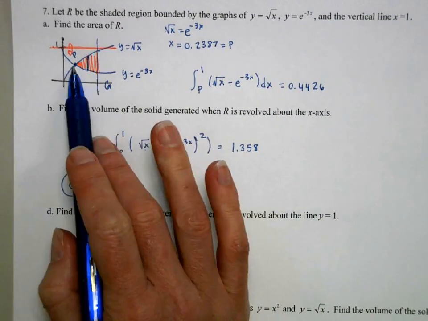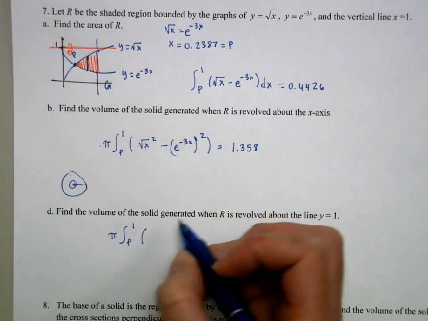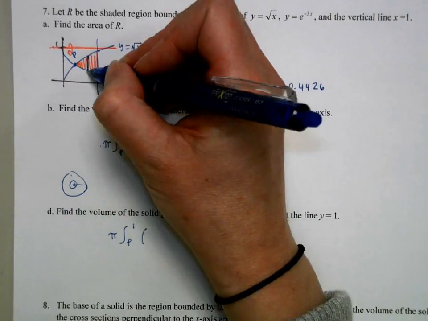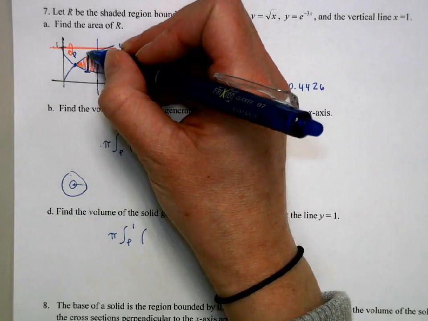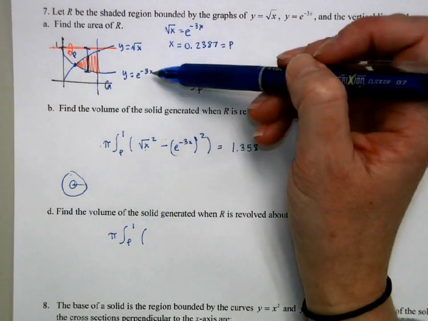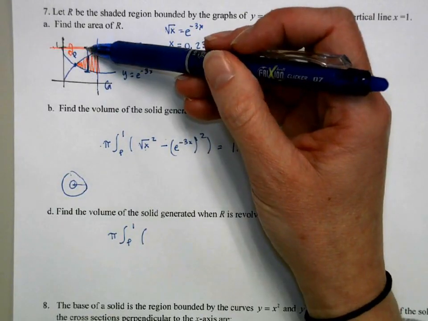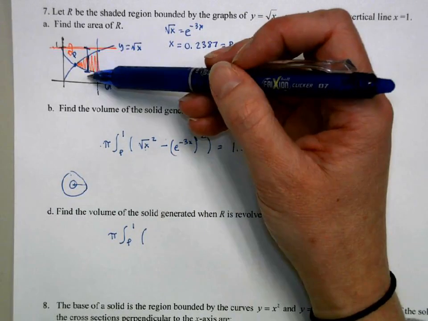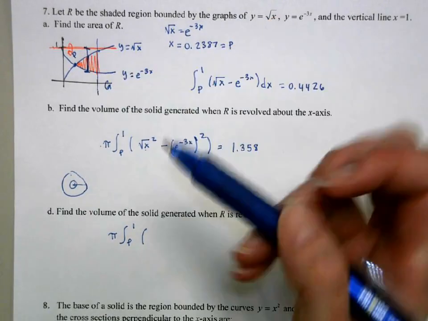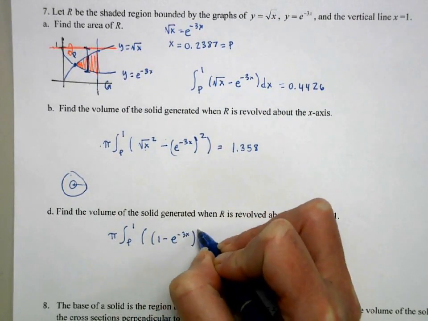The outside radius is going to be the distance from here to here. Well, the distance from here to here is going to be e to the negative 3x. The distance from here to here is 1. So what I want is 1 minus that, so we get 1 minus e to the negative 3x, and then we'll square that for our outside circle. Then we're going to subtract our inside circle.